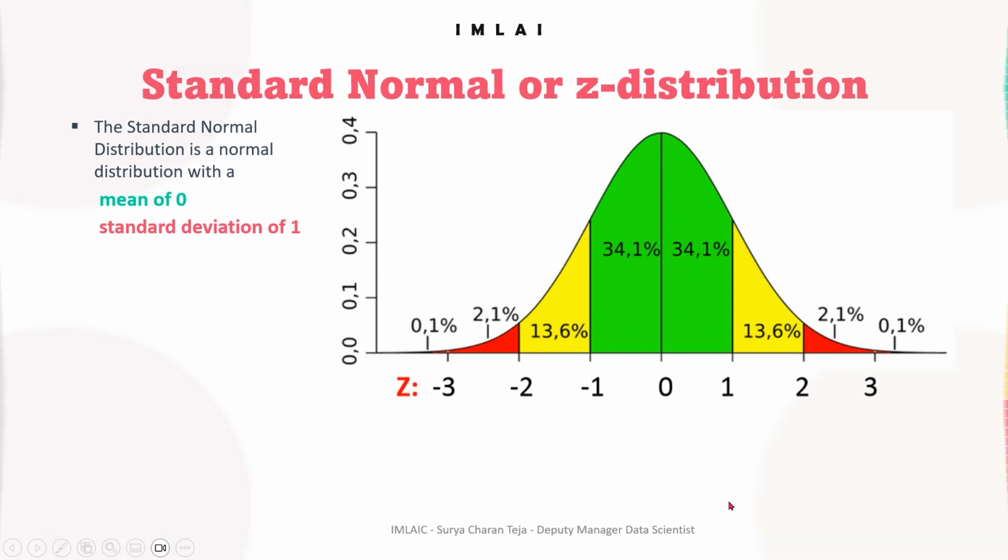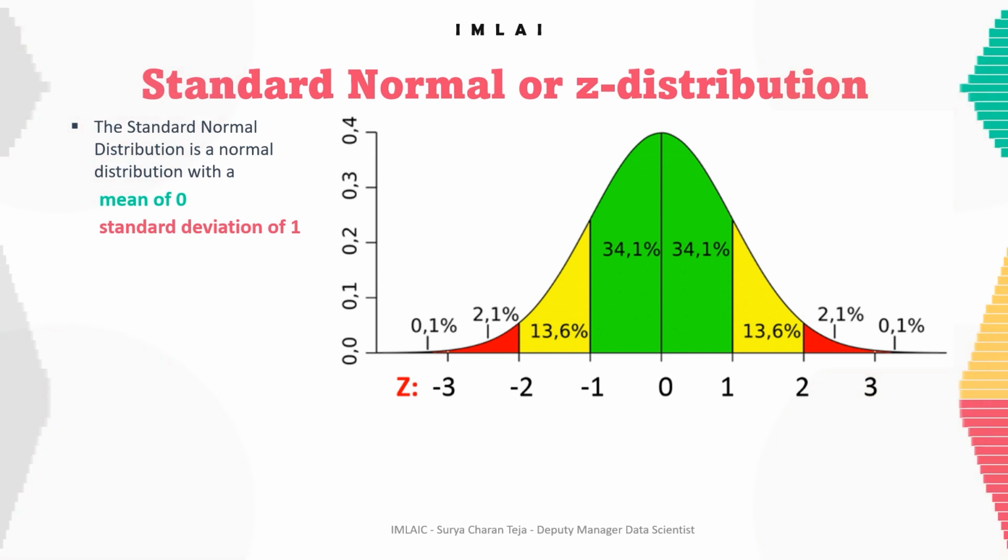This is what we call the standard normal or Z distribution or standard Gaussian distribution, whichever name you like. It's like Krishna, you can call him Madhava, you can call him Keshava. At the end of the day, it goes to Krishna.